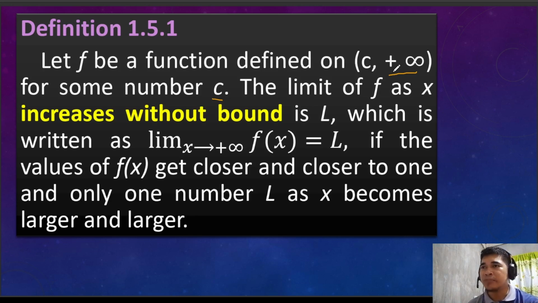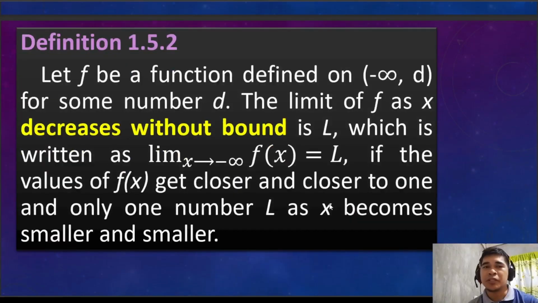The limit of f as x increases without bound is L, which is written as limit of f of x as x approaches positive infinity is equal to L, if the values of f of x get closer and closer to one and only one number, L, as x becomes larger and larger. So nagkaduol sa usa ka one and only number L sa dihang atong x nagkadako. That is, increases without bound.